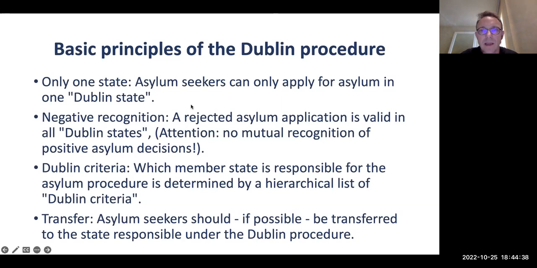Question of why Dublin 4 has never been adopted. That's a good question from Nora. The proposal was an interesting proposal at those times by the European Commission. Especially it has been interesting how the European Parliament, who already adopted its opinion at those times, approached the Dublin system.